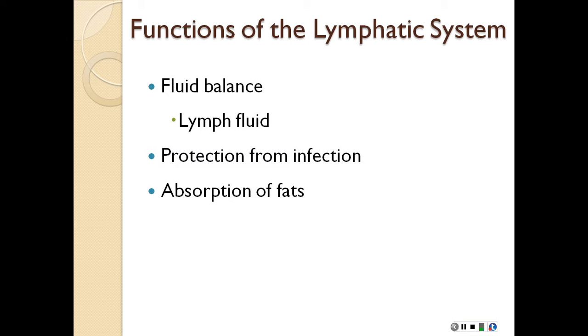And I don't think I really have a slide that explains this all that well, so I'll go ahead and explain what the absorption of fats involves. So next week we'll talk about the digestive system. One of the primary functions of the digestive system is to break down the foods that we eat to their simplest form, monomers.